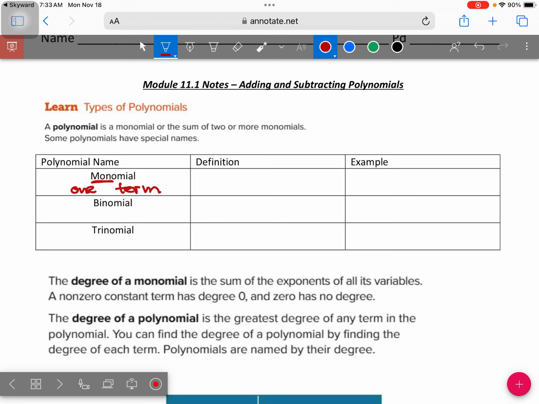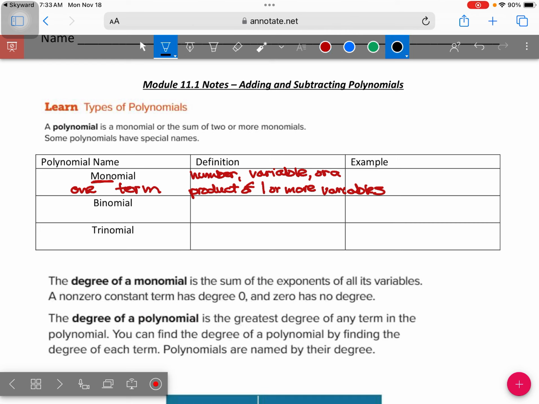So the definition is a number, a variable, or a product. Product. You know what product means? What operation? Right. Or a product of one or more variables. So a monomial, one term, number, a variable, or a product of one or more variables.